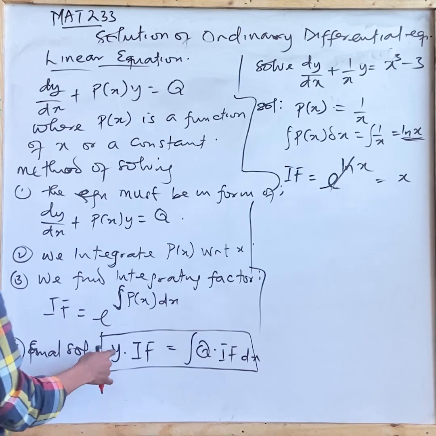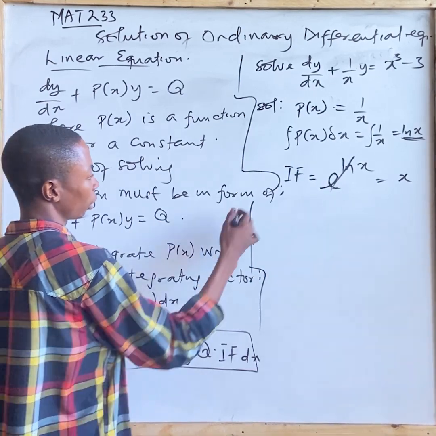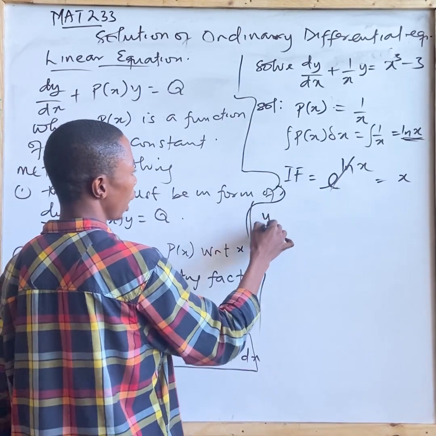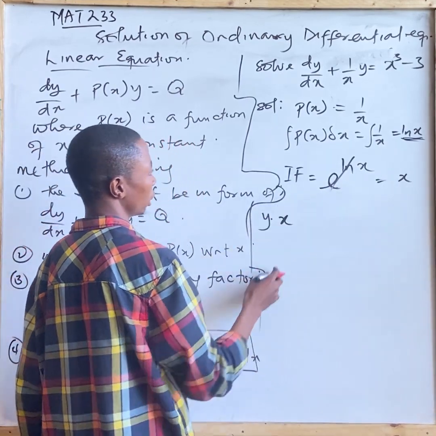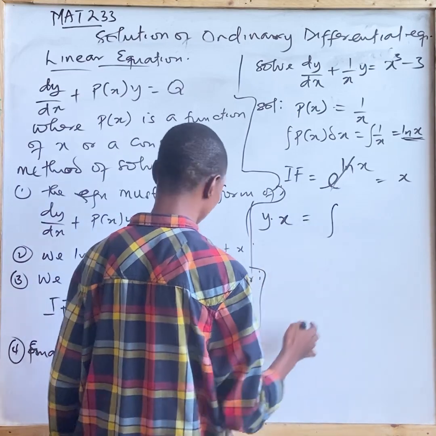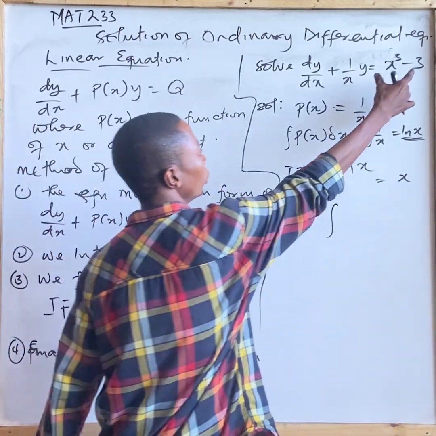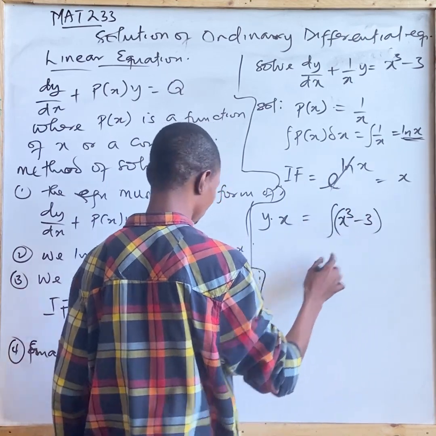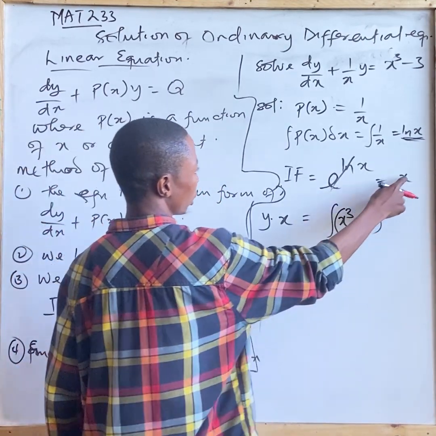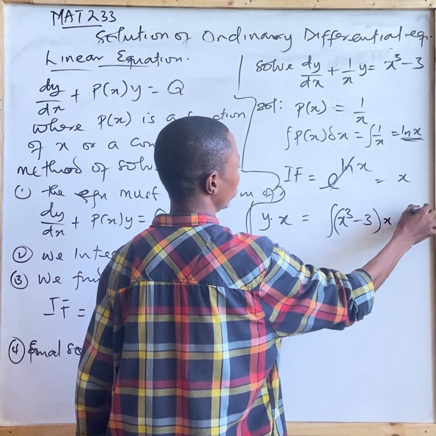Then the final solution is y times the integrating factor. What is the integrating factor? y times x equals the integral of q, which is everything here, x cubed minus 3, times the integrating factor, times x dx.